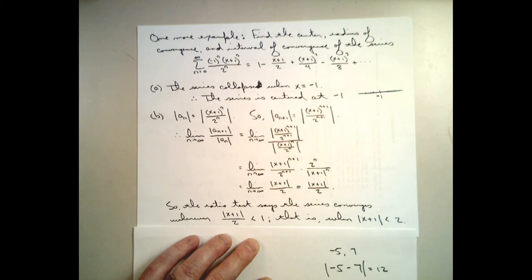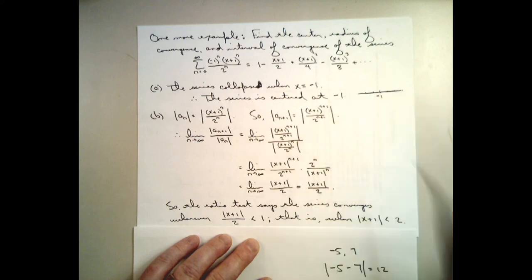The distance is 12. So another way of interpreting this is as the distance between x and -1, right? I'm subtracting. The distance between x and -1 is less than 2.